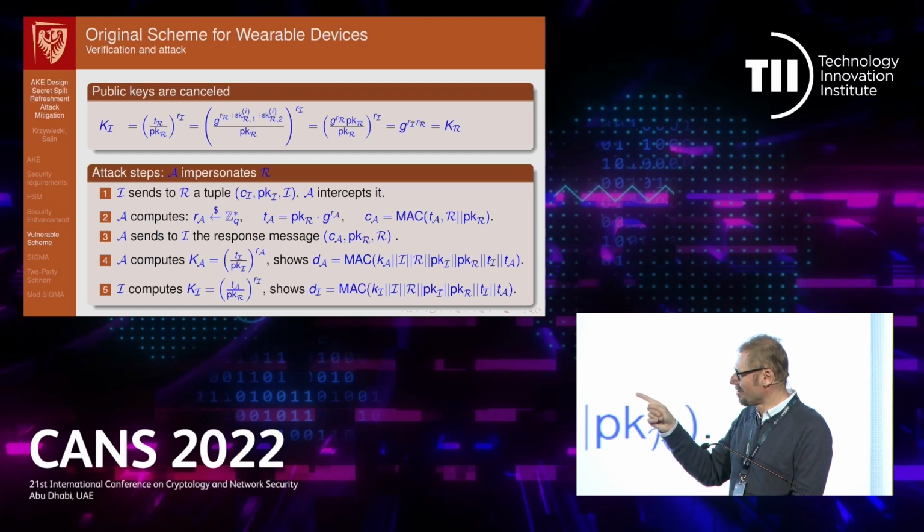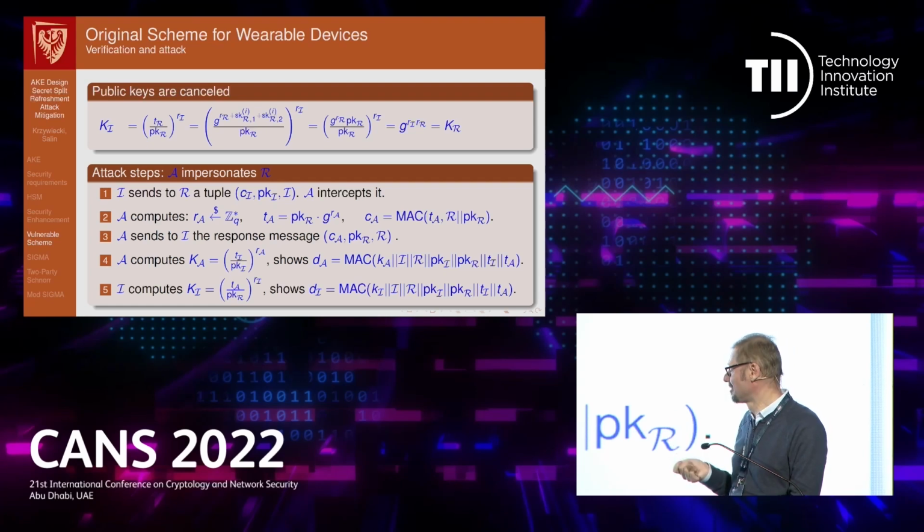It computes its own TA, taking the public key of the responder and multiplying this by G to the 2RA. And it proceeds with the rest of the protocol as if it is the responder. So actually, the TA is constructed in a way that later the initiator just divides what is sent by PKR and results with the session key, which is established with the attacker.